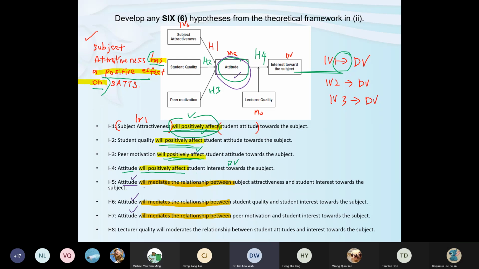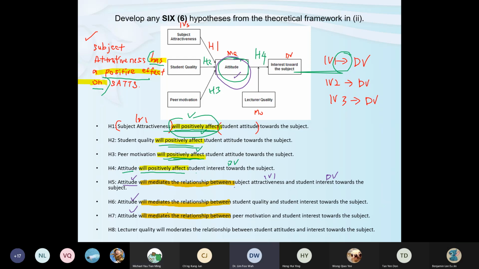Amplitude will mediate the relationship between the IV1 and the DV, student interest to study. Sorry, my mistake. This is not part of 1 to 4.